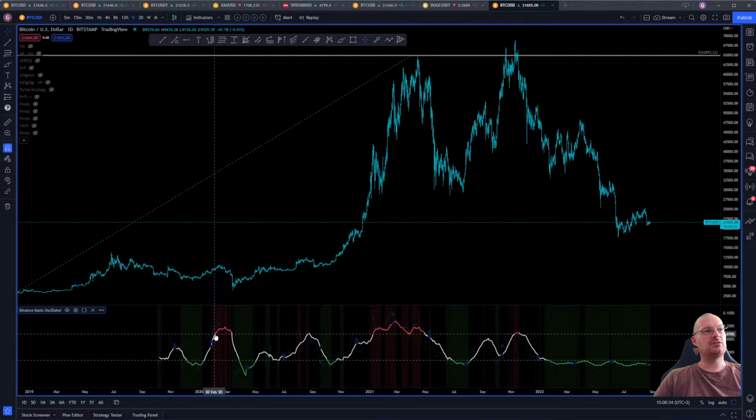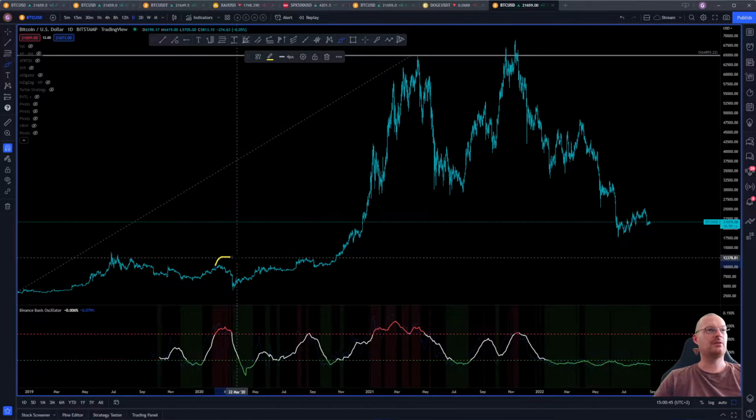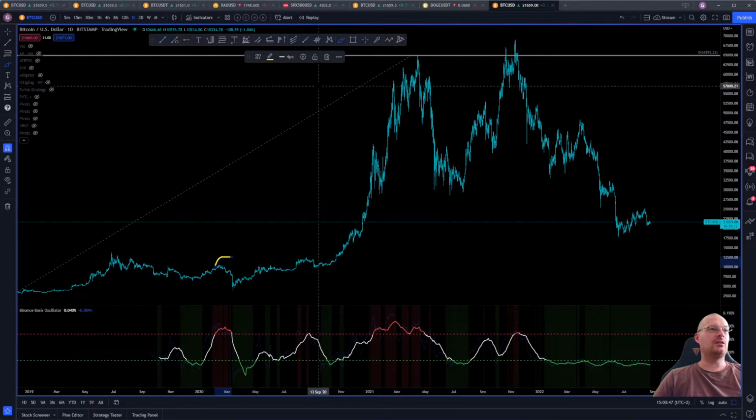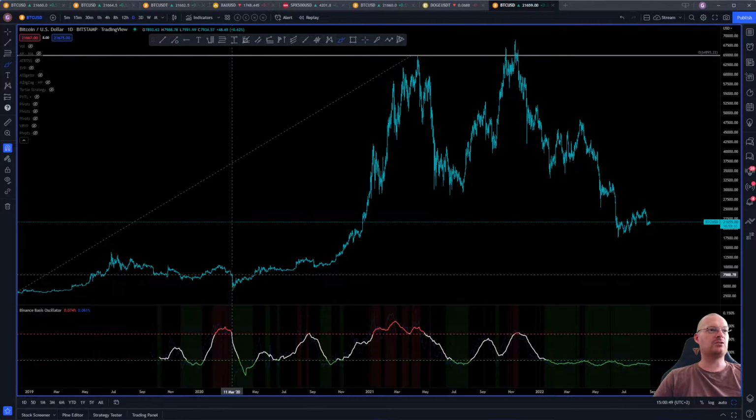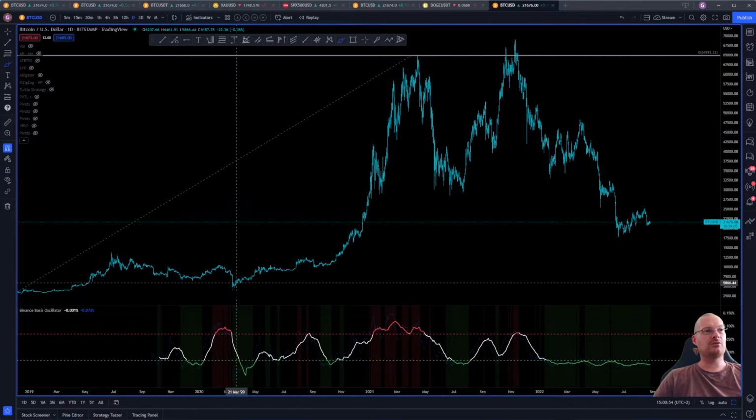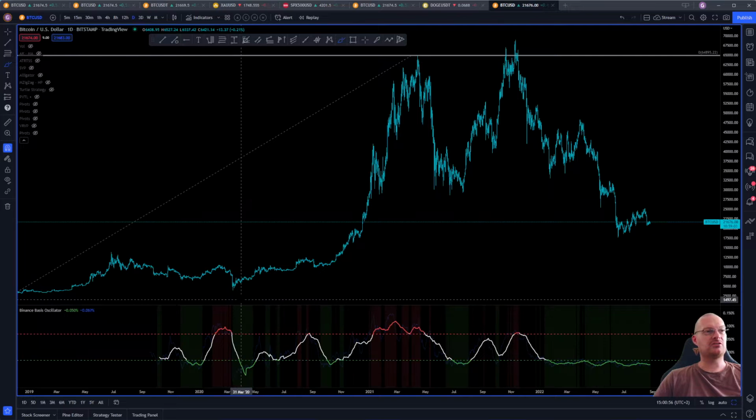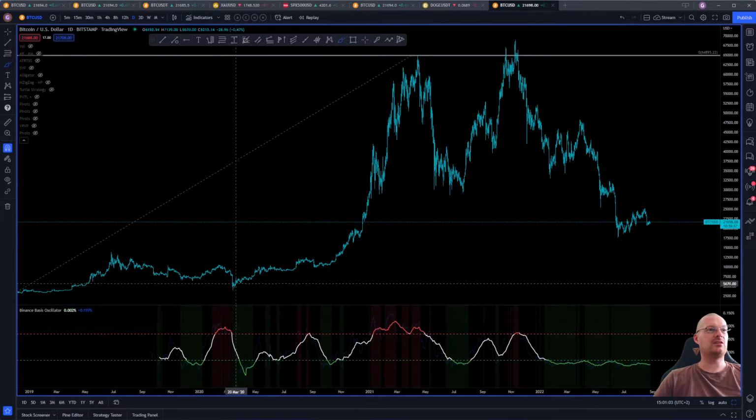Then we see here that short-term traders are taking over, and then we reach a high around this period. And then price comes down. Here we reach a low, but high leverage traders are still not interested. So we end up in the green zone, so you can start accumulating over here.